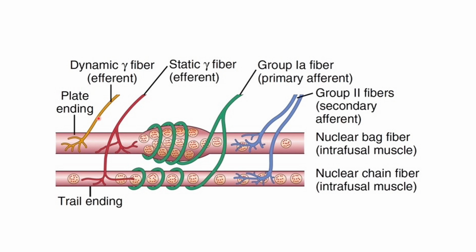You know previously again from the MSS that the skeletal muscles maintain some sort of tone, which means there is always some sort of activation to these skeletal muscle fibers, and mainly this is the role of the static gamma fibers, whereas the dynamic gamma fibers mostly respond to sudden changes in muscle length.